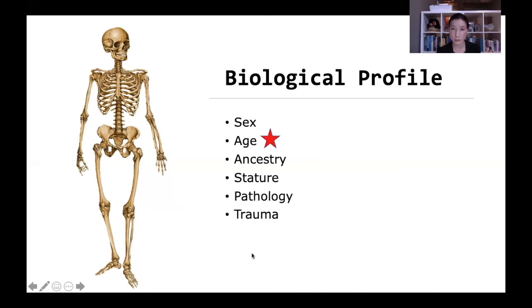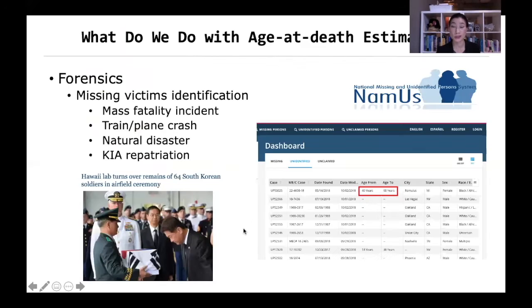And among these parameters, age of death estimation is especially important because it helps us narrow down missing victims' cases in order to facilitate positive identification in case of mass fatality incidents such as train, plane crash, or natural disaster. And it also helps us to repatriate those soldiers killed in action.